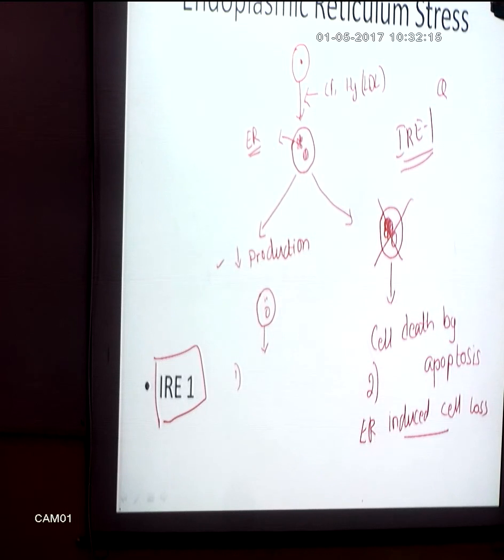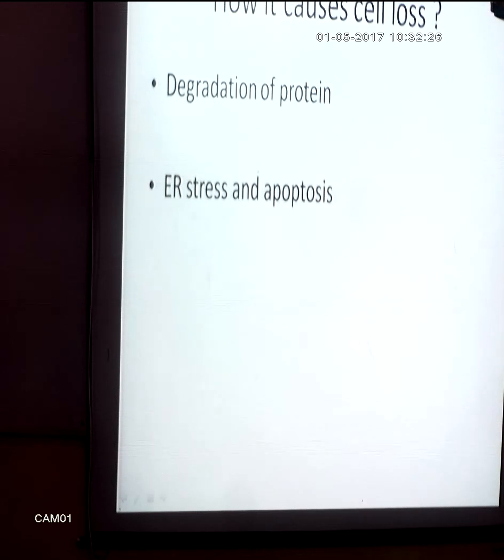Previously there was a table of 5 or 6 diseases like cystic fibrosis, hypercholesterolemia, Tay-Sachs. All of them were misfolded protein. Now what Robbins has done is, it has divided it into diseases which follow degradation of protein, that is the first step, diseases which follow ER-induced cell loss, that's the second step, and diseases which follow both.